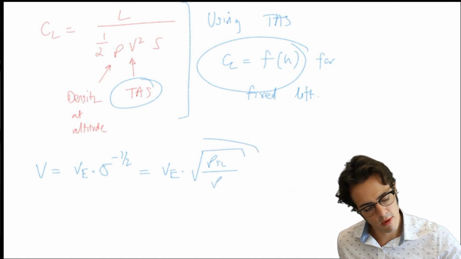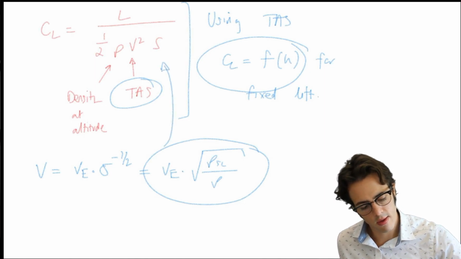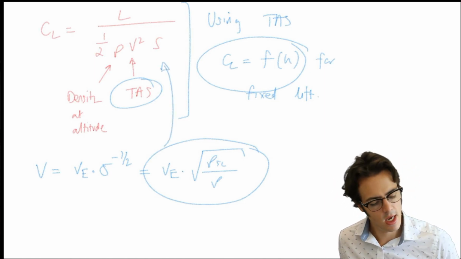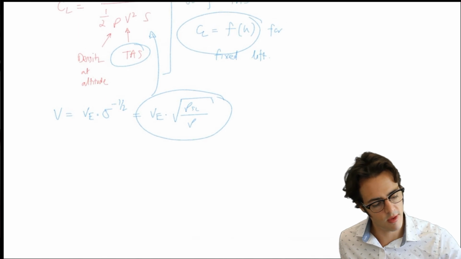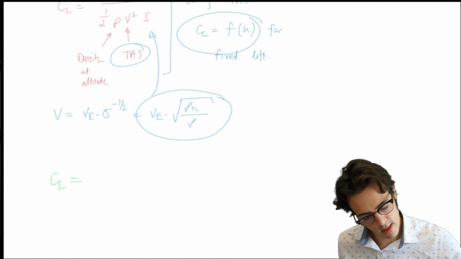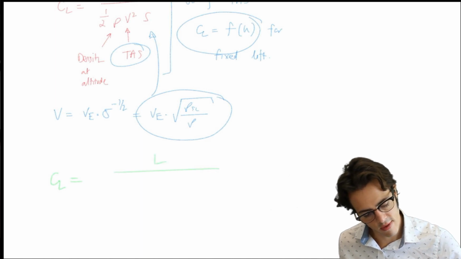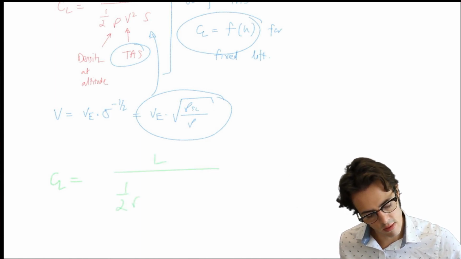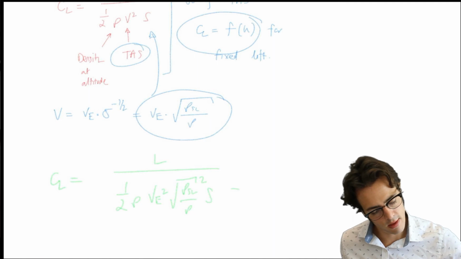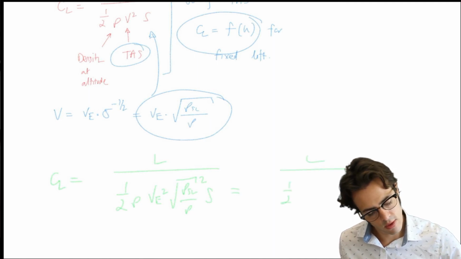So we can substitute this into the expression up here. We can replace the V with VE times the square root of sigma sea level divided by sigma. So we'll say that CL is equal to lift divided by a half rho VE squared, rho sea level divided by rho, all multiplied by S. So that's just equal to the lift divided by a half. These cancel.